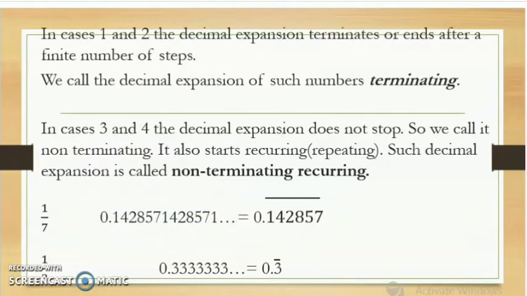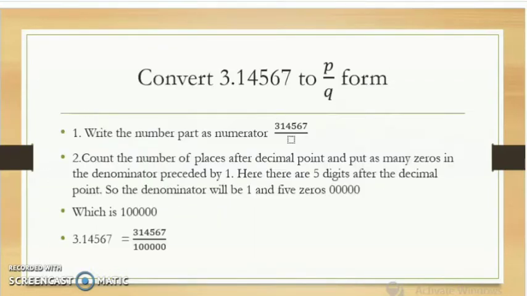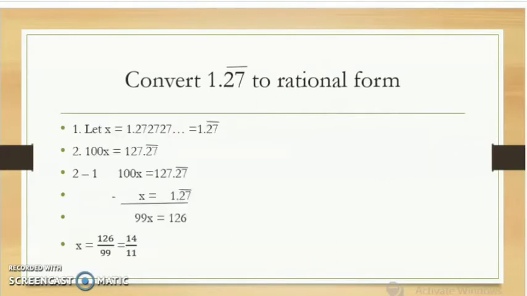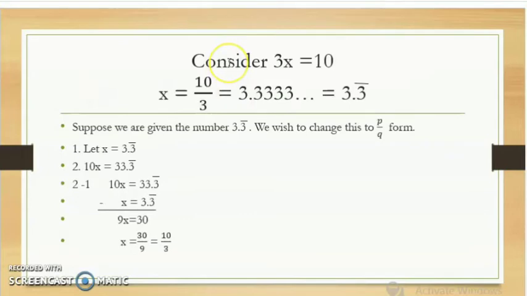Okay, so let us come back to where we were. We were trying to convert to a rational number. So we have x is 3.3 bar, which means x is 3.3333.